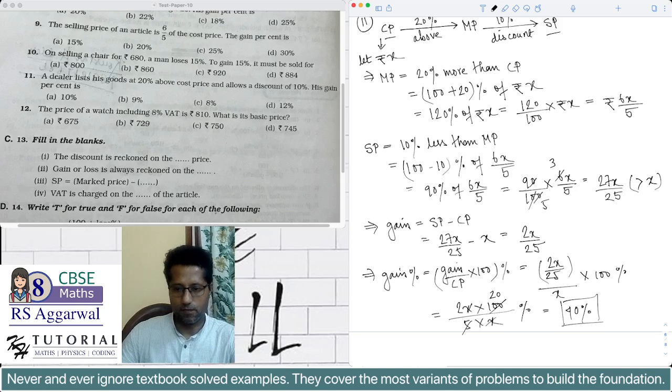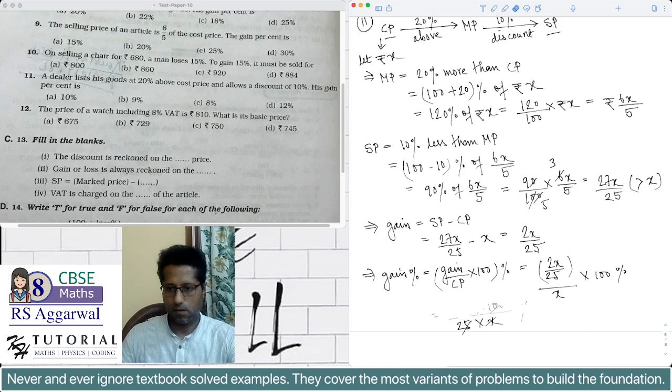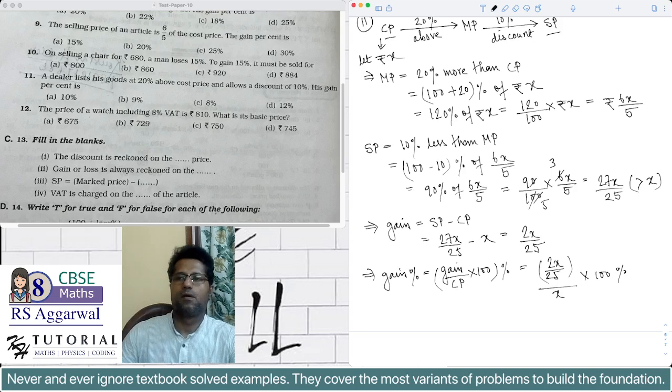Sorry. So the gain percent is equal to 2x multiplied by 100 divided by 25 multiplied by x.